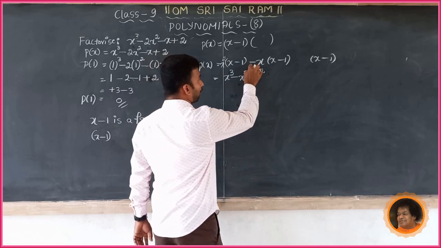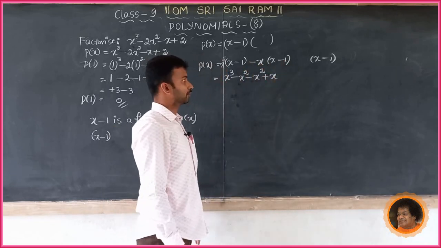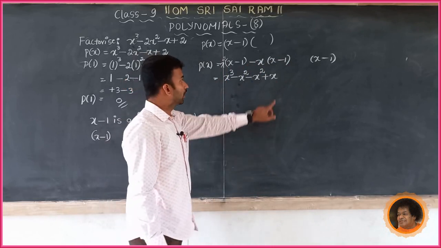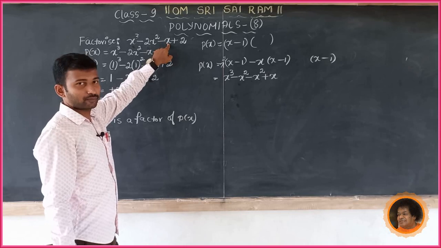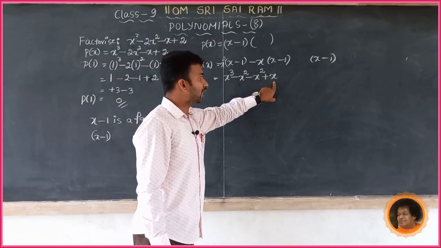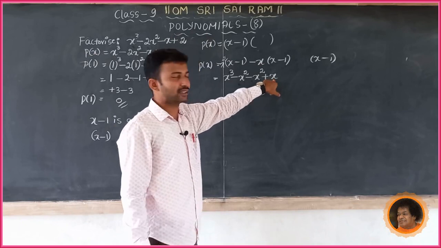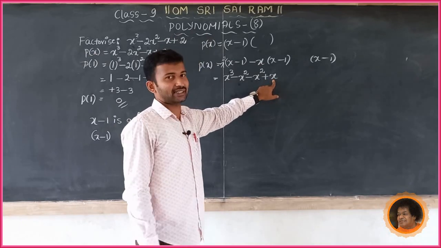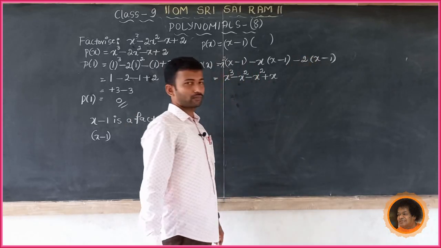Then, minus x into minus 1 is equal to plus x. In this expression, we already have minus x, but after the simplification, we got plus x. So, how to get minus x? Yes, by multiplying minus 2.